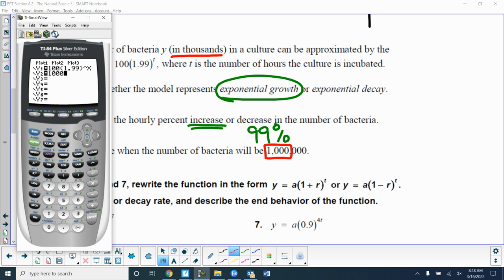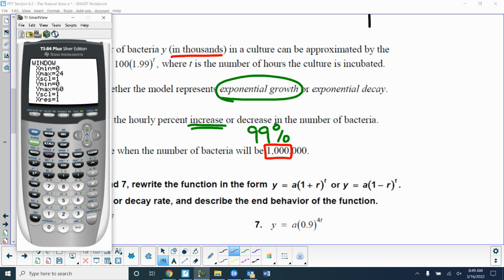And this is hours, okay? So let's go up to 24 hours. Let's just do a day, okay? So hit enter here, and then go to your window to see what we got. All right, so my X-Min, I'm just going to go from 0 hours to 24 hours. I'll go by ones. My Y-Min from 0.